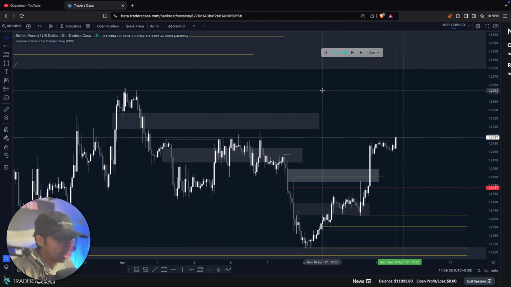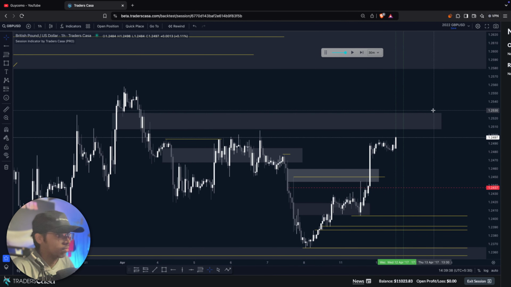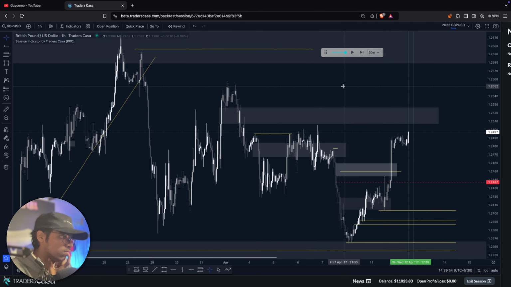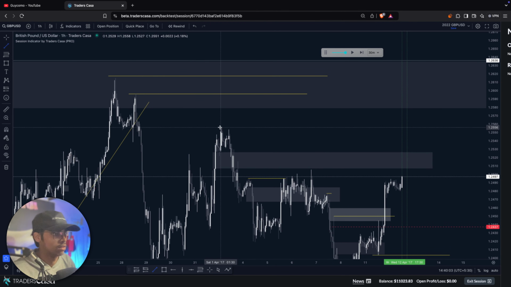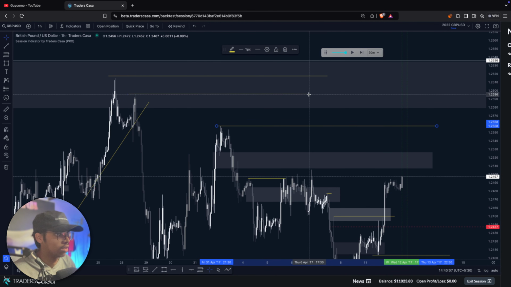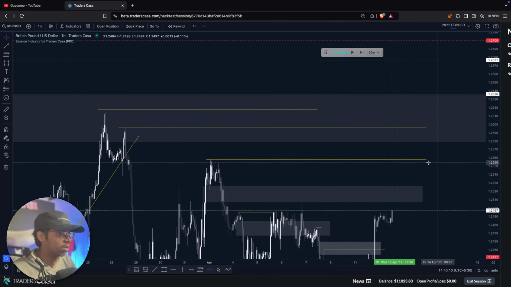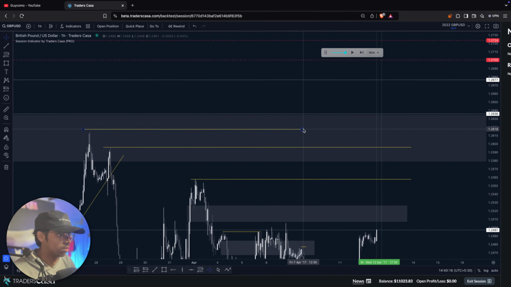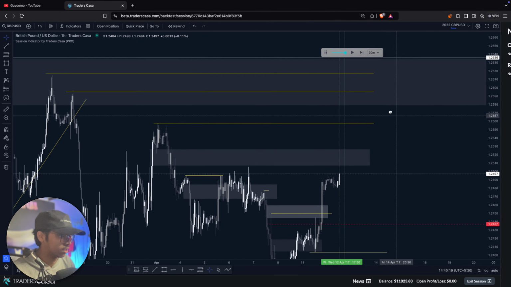This high is about to be taken. Plus, there's an inverted fair value gap where we could see... I think it has manipulated enough.